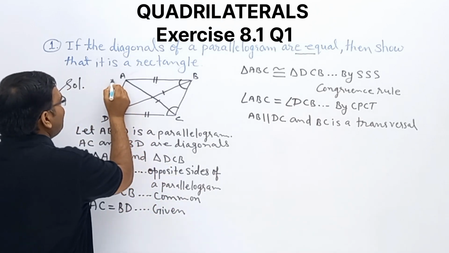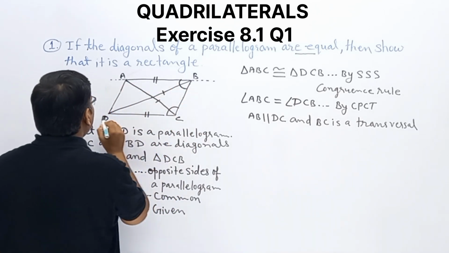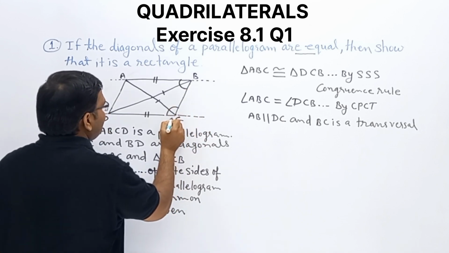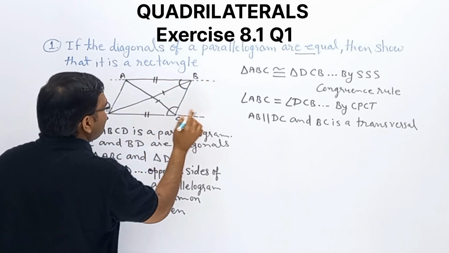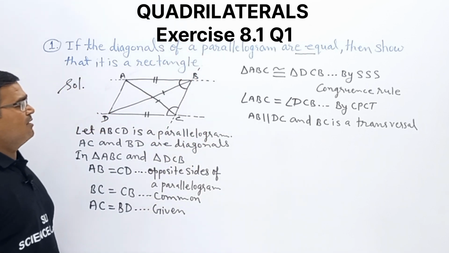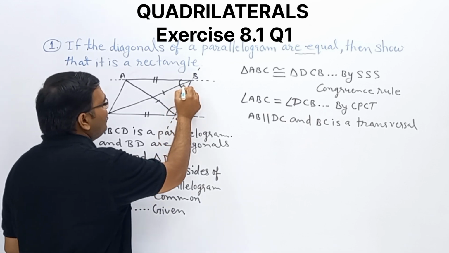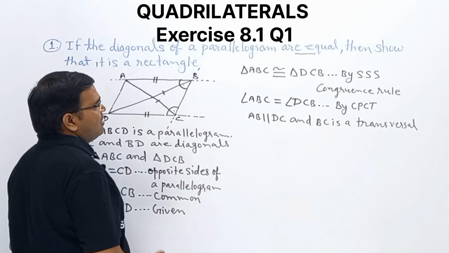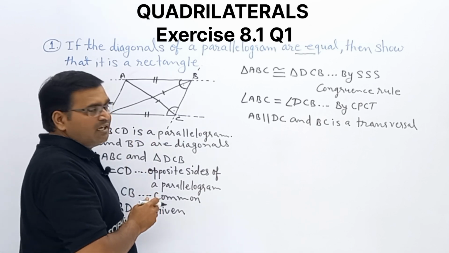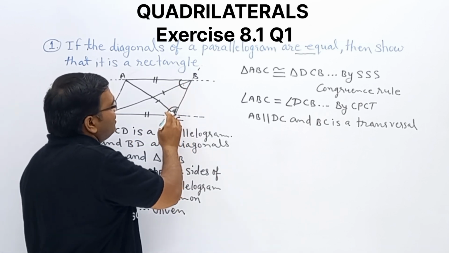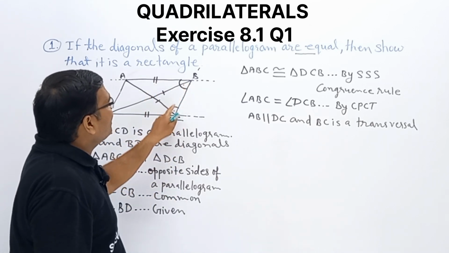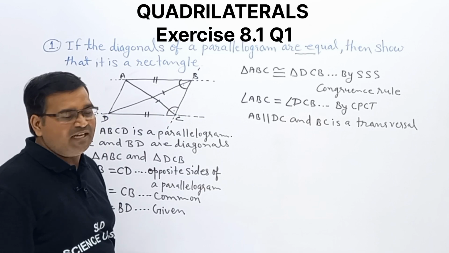Observe, AB is parallel to DC and BC is a transversal. Then this angle and this angle are what? Interior angles, and both are on the same side of the transversal. So what we can say, sum of both angles will be 180.